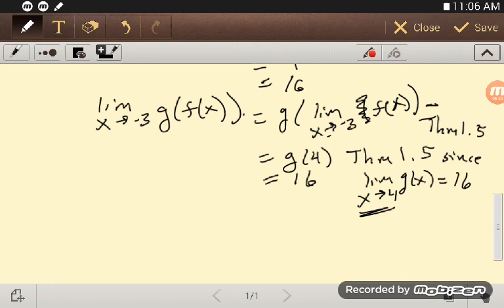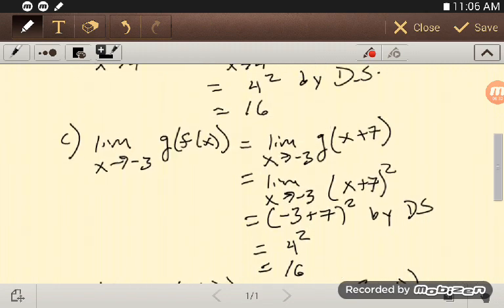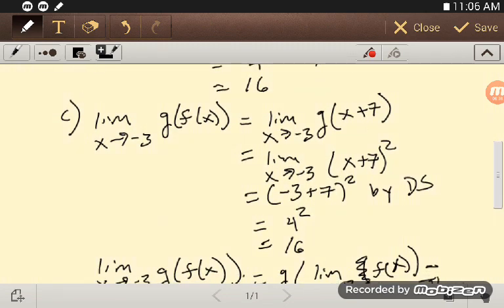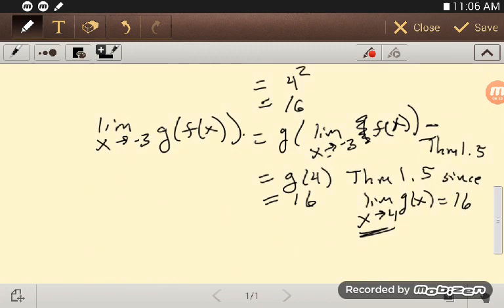Okay, so as you think through the problem, you could be thinking, just what is the composite function? It's this thing here, which I can do by direct substitution, or you could think of it in terms of the theorem that I'm allowed to take that limit inside g of x and evaluate the limit as x goes to -3 of f of x to get 4, and then just evaluate g of 4.